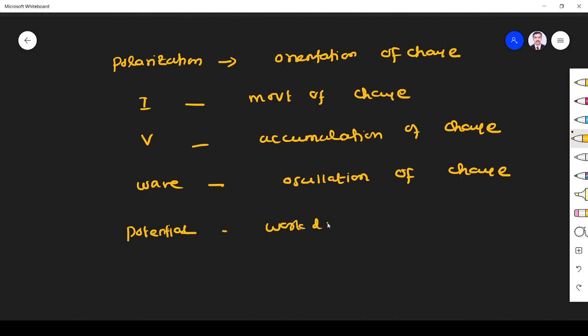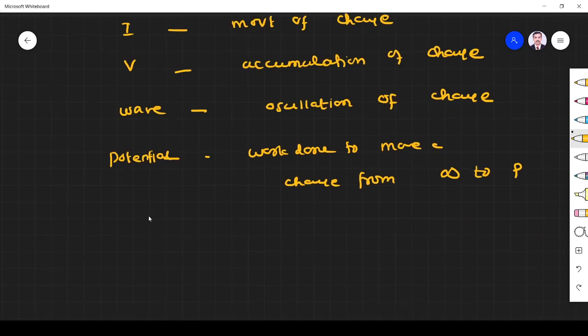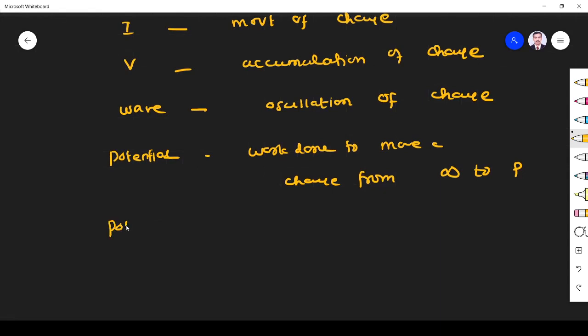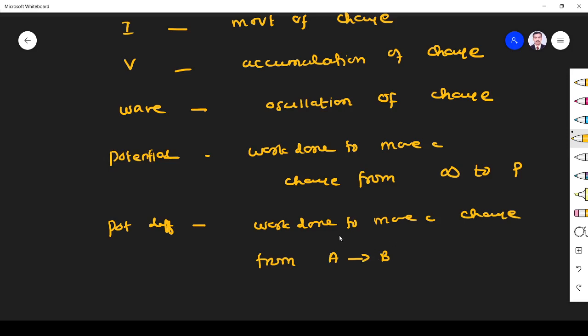Next, potential: work done to move a charge from infinity to particular point P. Potential difference: work done to move a charge from one point to another point, that is point A to point B, right?